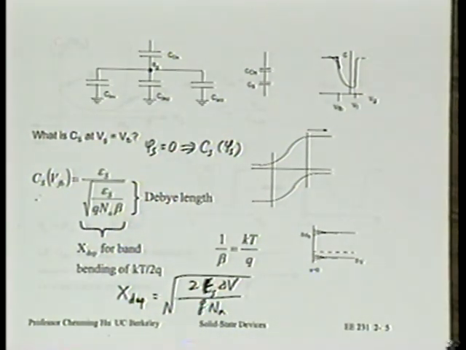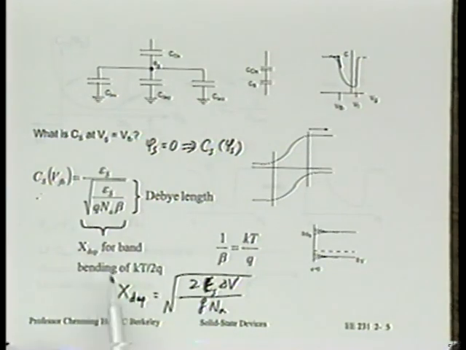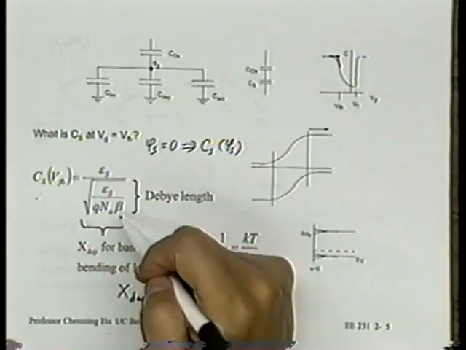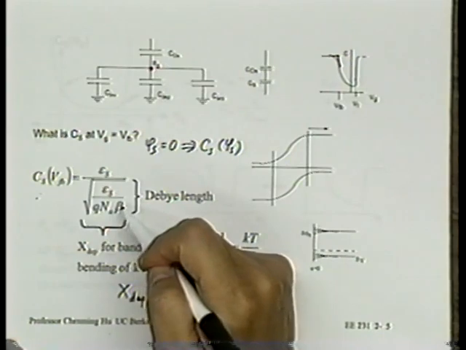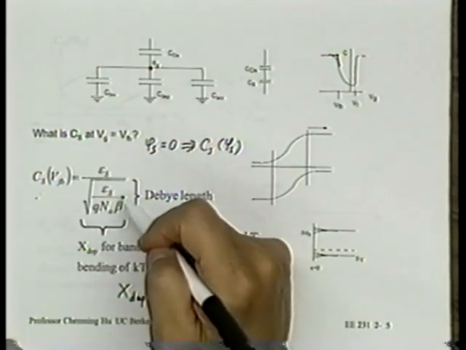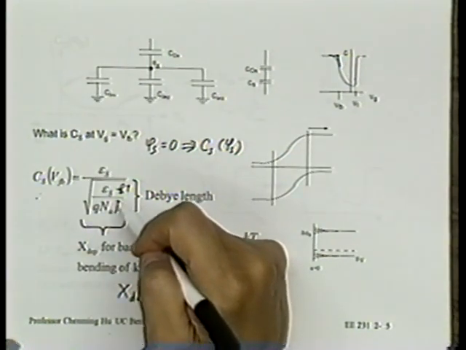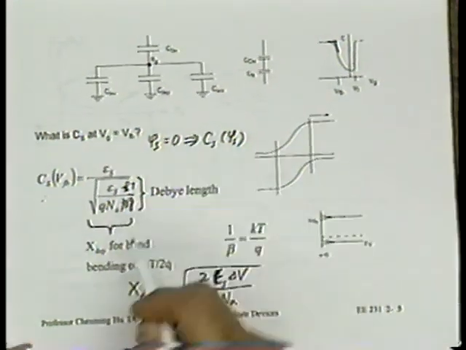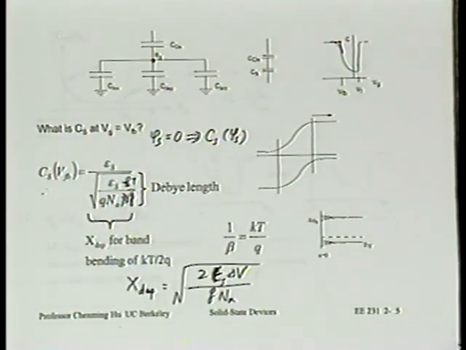Again, it will take a little time to confirm this because we have beta, which is equal to q over kT. Let's substitute kT over q here. Remember what beta is: 1 over beta is kT over q. That's how we define beta.